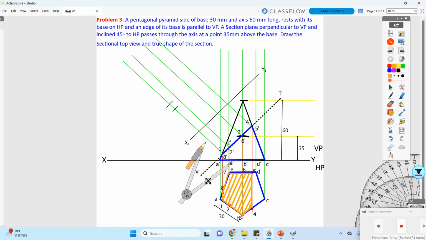The extension is over here, so keeping over here, then rotating it and measuring my length. Okay, then I am going to place it over here, rotate my compass and cut an arc over here.